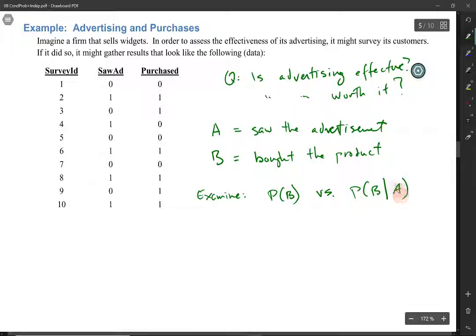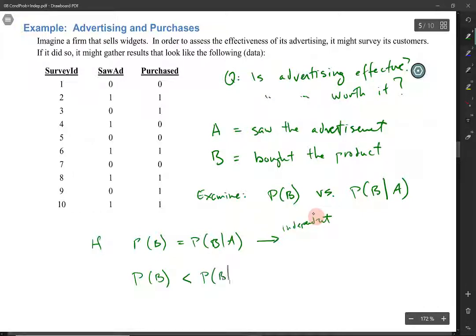Because if this, what? So if PB equals PB given A, then what? Independent. On the other hand, if PB is, what you hope, less than PB given A, then what?